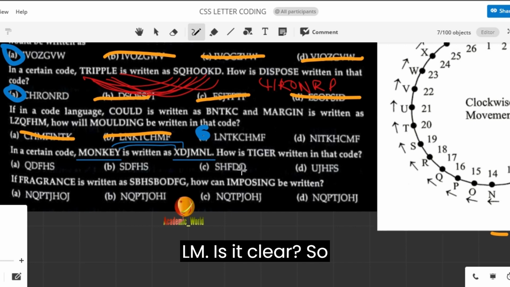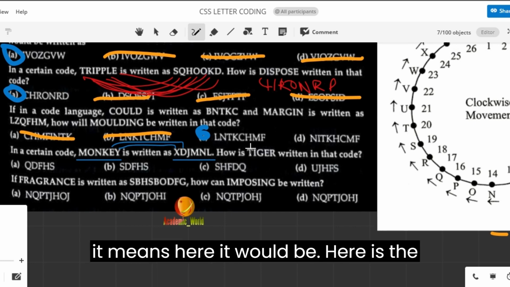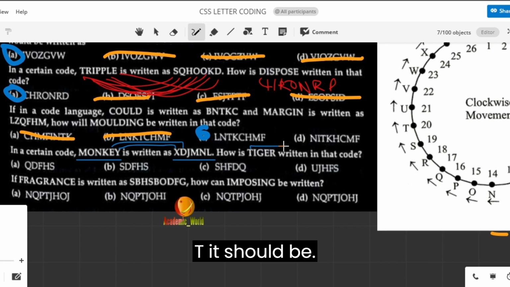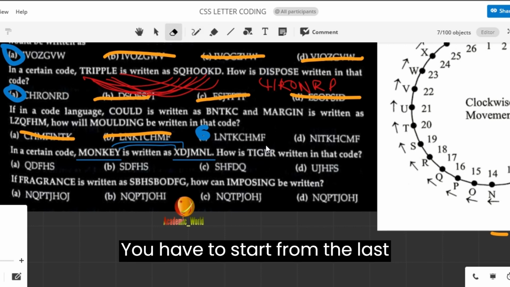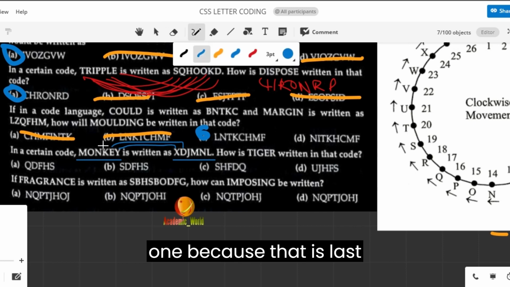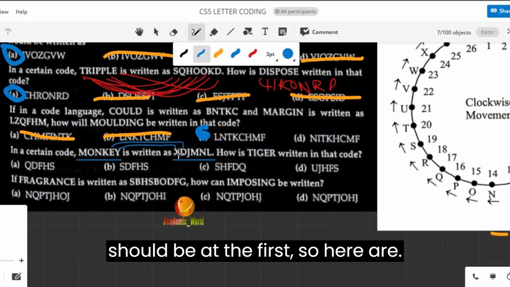Is it clear? So here it would be, here is T, you have to start from the last one, because the last should be at the first.